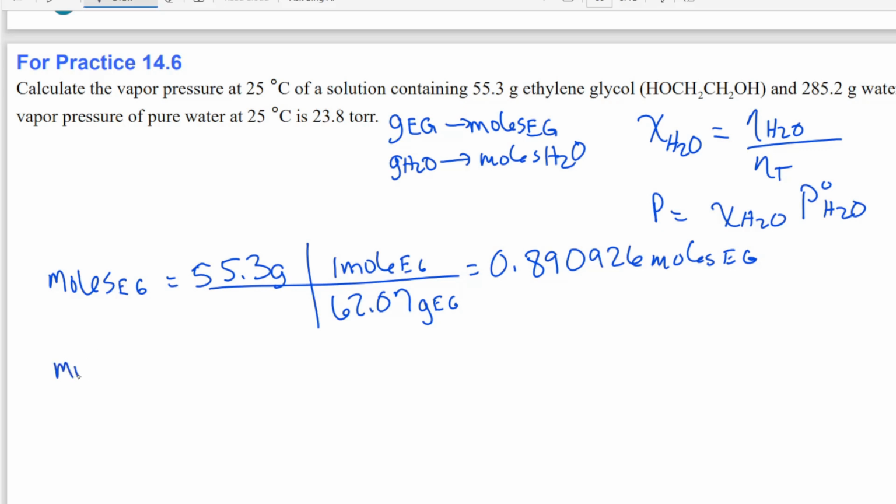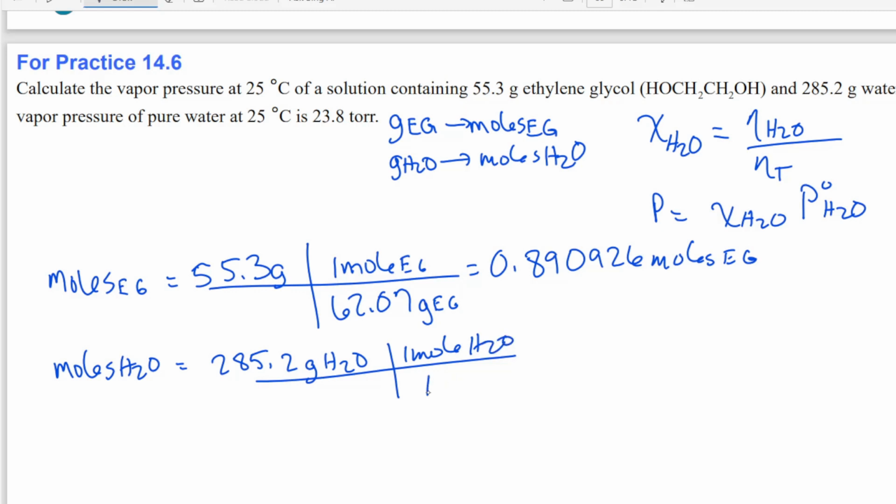Now our moles of water is equal to 285.2 grams of water, and 1 mole of water is 18.02 grams from the molecular weight. So that's 15.82686 moles of water.